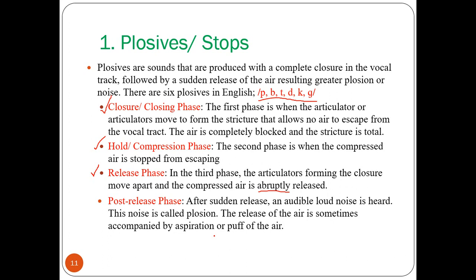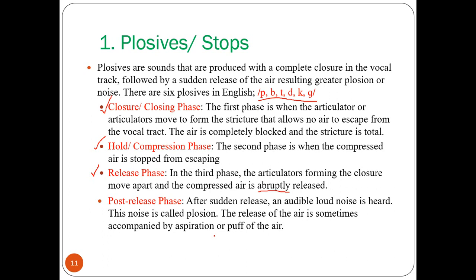It is actually pushed outward when you utter any one of these sounds. Just put a page in front of your mouth and say p, b, t, d, or even k, g. So you'll find some sort of explosion.